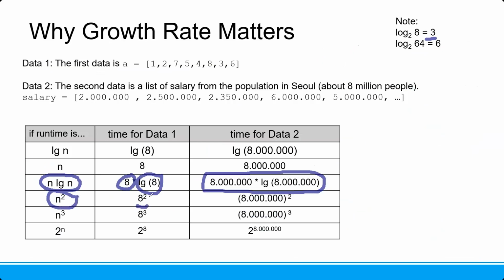We have 8 data, so there will be 64 operations. If we have n power of 3, we have 8 multiplied by 8 multiplied by 8. If you have exponential, this is the highest one. To run 8 million data, you would need 2 power of 8 million, which is very large.